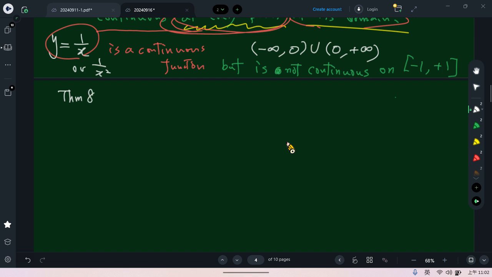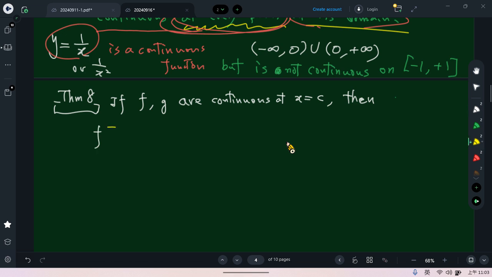Like theorem 8: if f and g are continuous at x equal to c, then through the four operations, adding, subtracting, multiplying, and dividing by g, the result is still continuous at x equal to c.